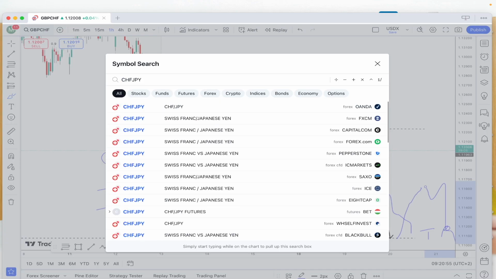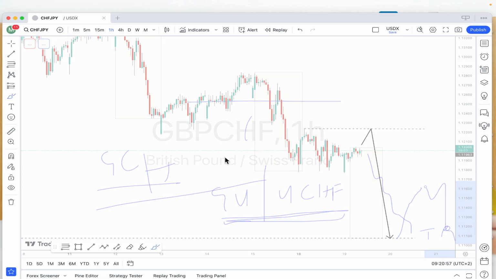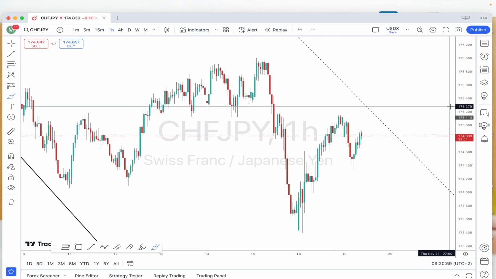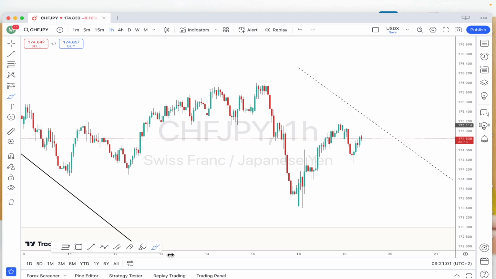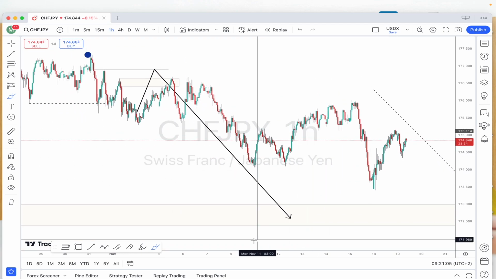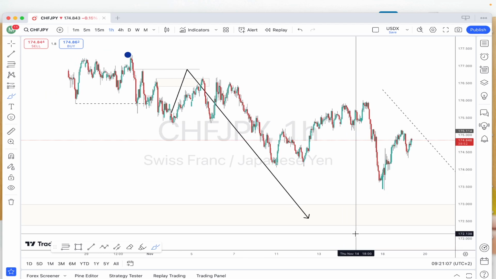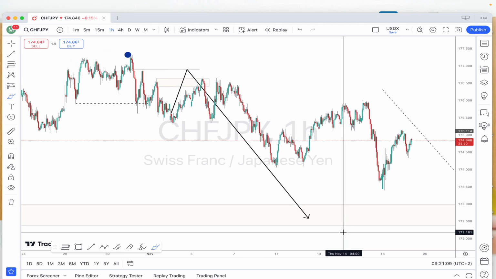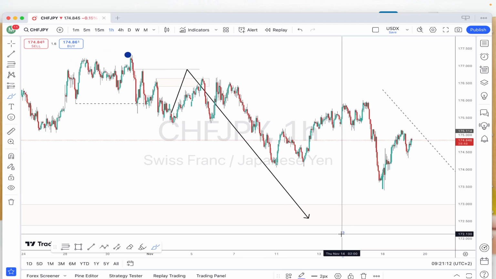I've also been on CHF JPY, because one rule about me is that I trade only one type of pair. What do I mean by that? I mean whatever I'm trading should be common. For example, if I'm trading GBP CHF, I should be trading CHF JPY.